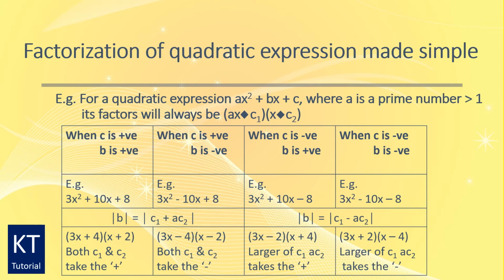Likewise in column 2, when c is positive and b is negative, both c1 and c2 will take on the symbol of negative. And in column 3, when c is negative and b is positive, the larger of c1 and ac2 will take on the symbol of positive. And in the fourth column, when c is negative and b is negative, the larger of c1 and ac2 will take on the symbol of negative.